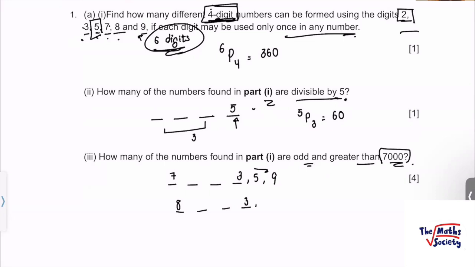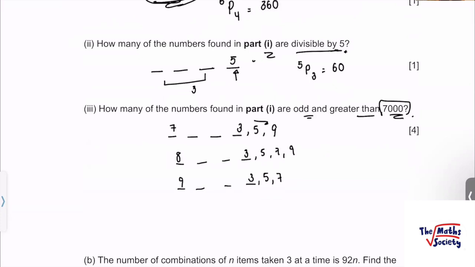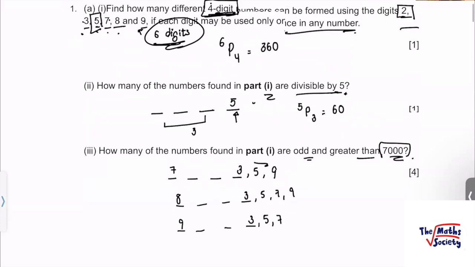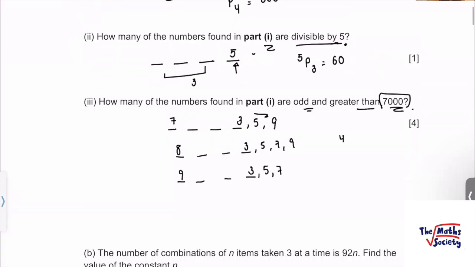Just have odd digits 3, 5, 7, and 9, and you'll have 9, 3, 5, 7. So it's the same way. We know that there are four from six numbers, 4 is going to be left, and you can choose 2 numbers, and then the other one is going to be 10, which is going to be 120. And that is your number.